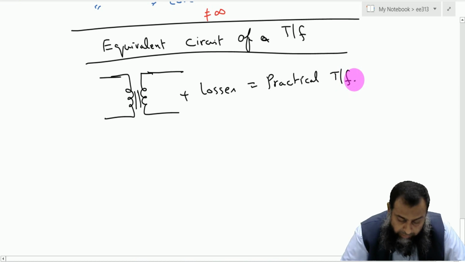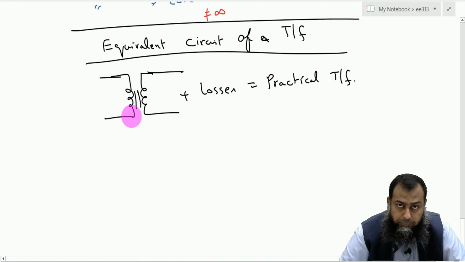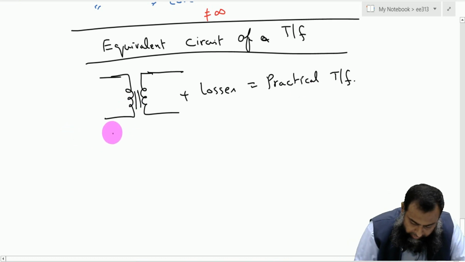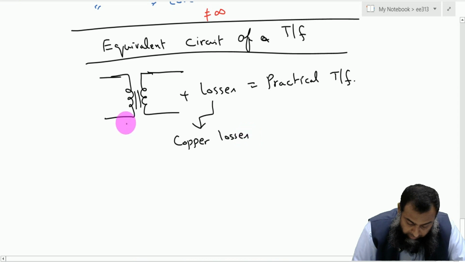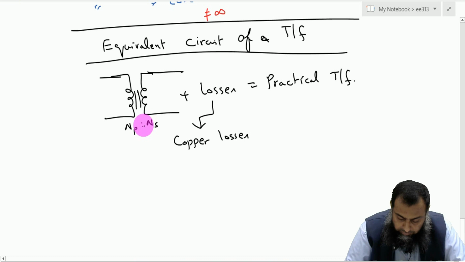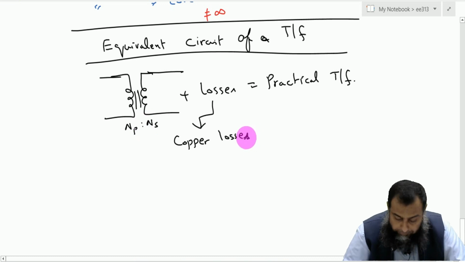So what are the types of losses which can be incorporated into this ideal transformer model? First of all, the losses that can be added are the copper losses, because copper is usually used to make the turns on the primary winding and the secondary winding. So the first thing we encounter is the copper losses.